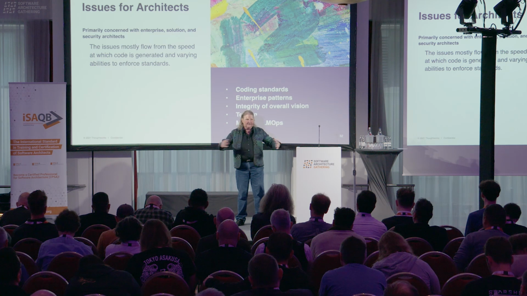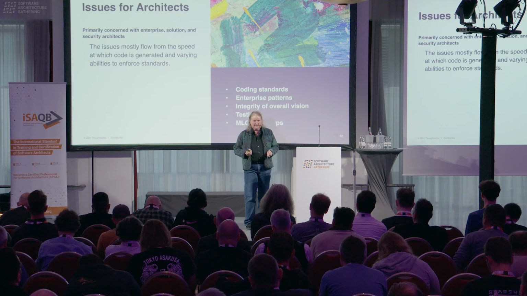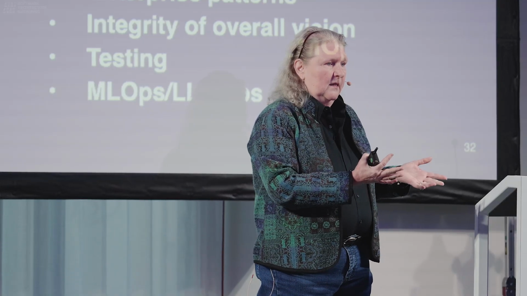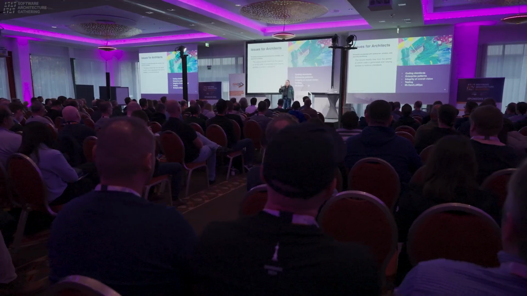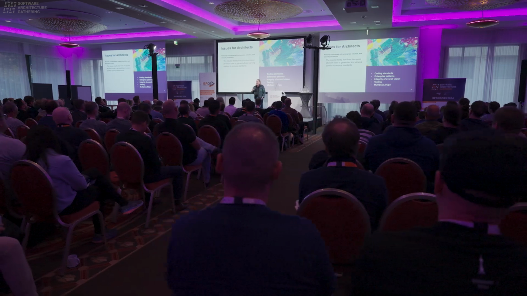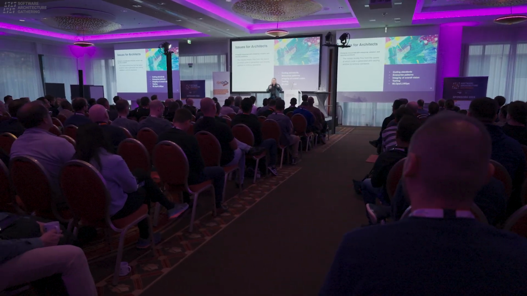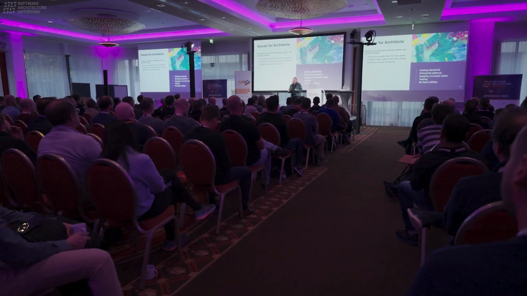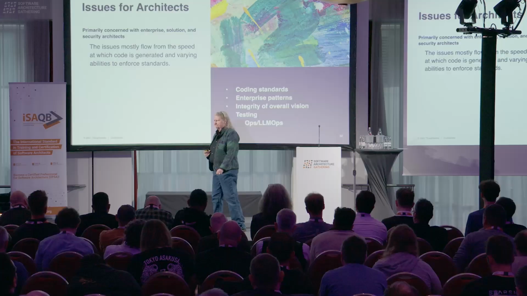So how is an architect supposed to keep control of this sprawling estate of code when a lot of it's being generated? I still can't decide whether I think it's a good thing or a bad thing, but Google very recently proudly announced that 25% of their code was now being generated by code generators.